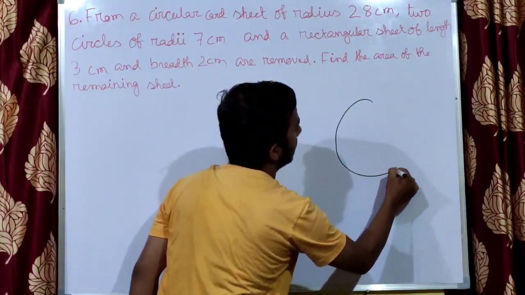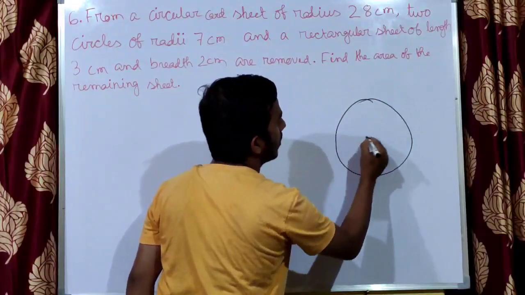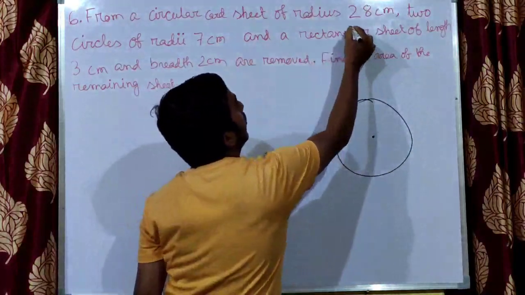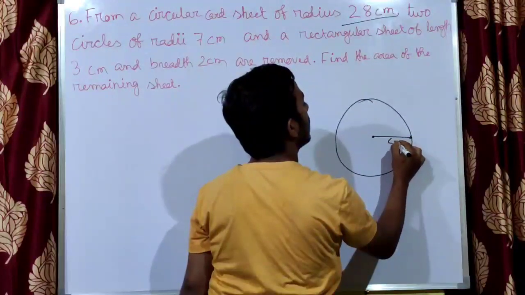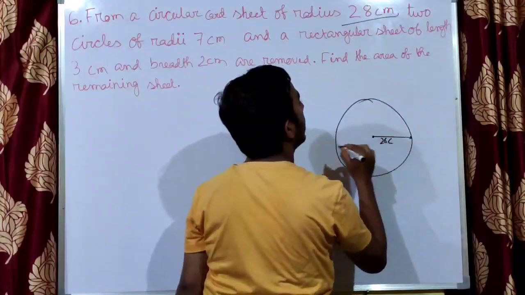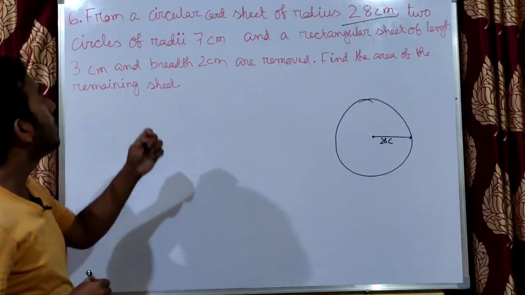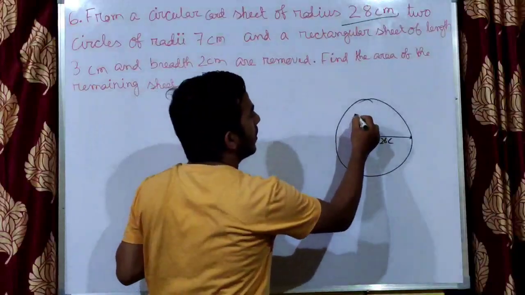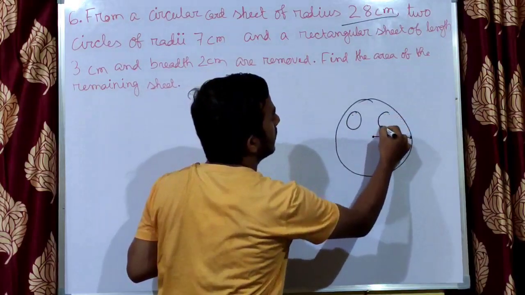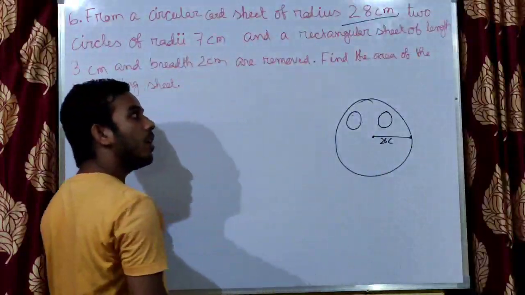Here consider this is a circular sheet whose radius is 28 cm, right? This radius is 28 cm. Now we have to remove 2 circles of radii 7 cm. Suppose this is one circle and this is another circle. Each radius is how much?